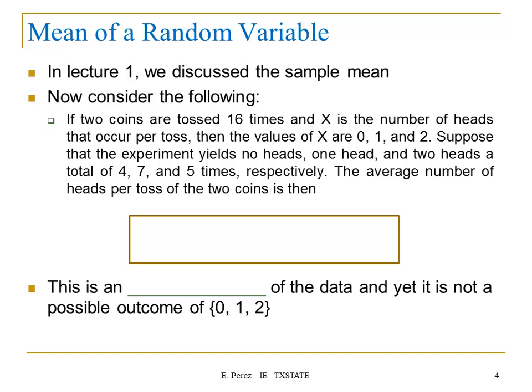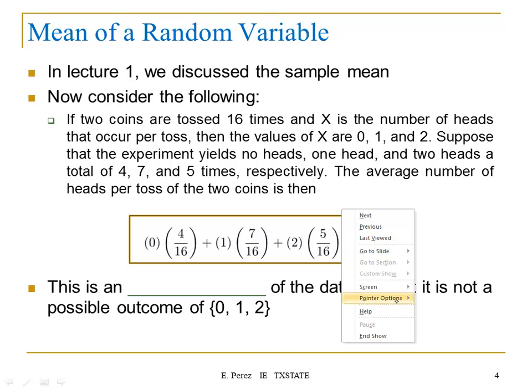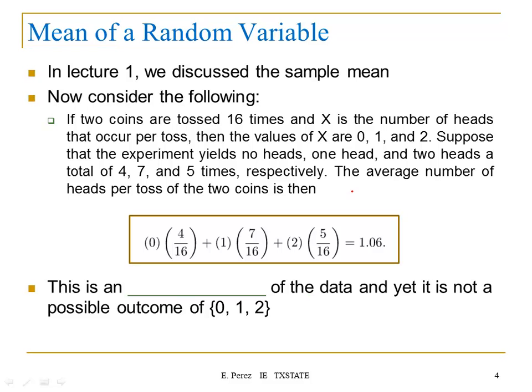So you have 4 times 0, you have 7 times 1, and you have 5 times 2. Those were the outcomes for your experiment. So if you divide that by the number of tries, that will give you 1.06.